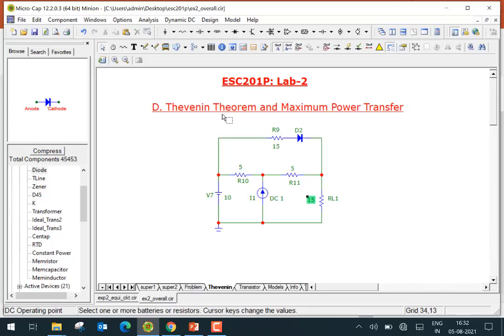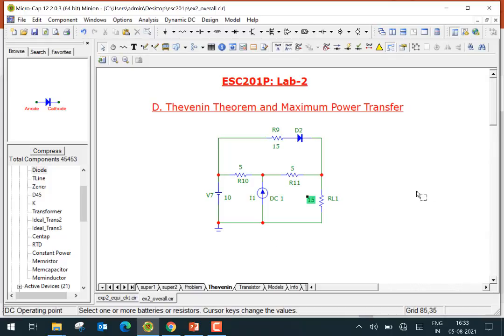Now in some such cases, instead of blindly varying the value of RL, one may note that if the diode is forward biased, the diode can be replaced by a 0.6 or 0.7 volt battery here, which is an approximation, and then the circuit looks like a linear circuit.